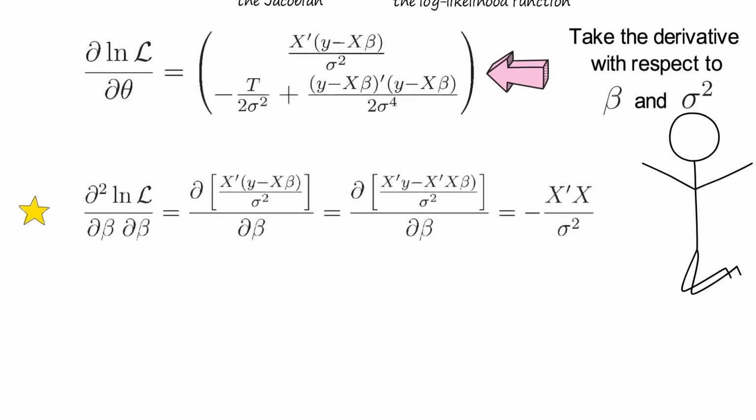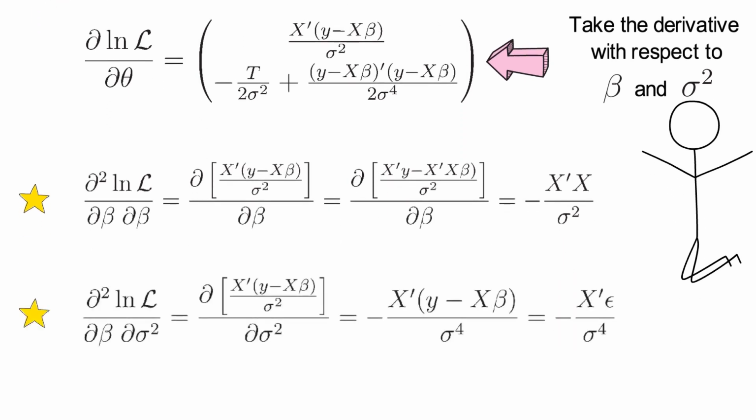Let's go for the second. Now we want to determine the second derivative of the log likelihood function with regard to beta and with regard to sigma square. So here mathematically is what we want to do. Partial derivative of (x prime y minus x beta) over sigma square with regard to sigma square. We see sigma square is in the denominator.